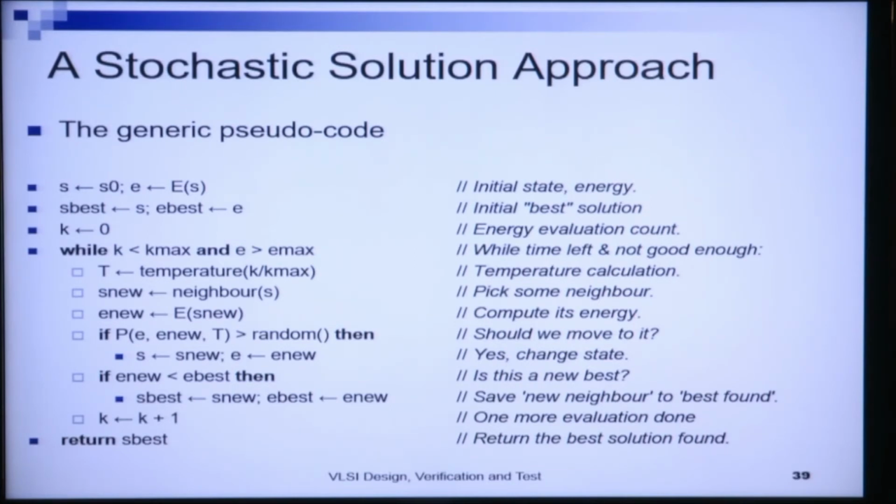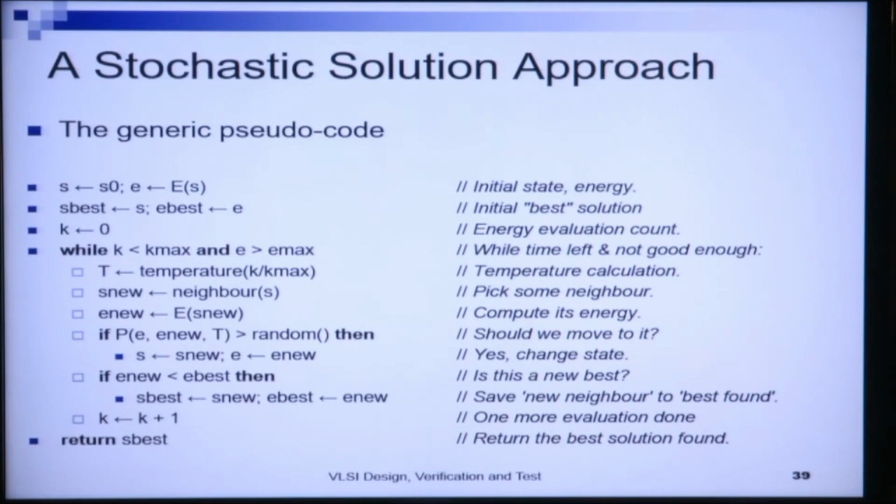Right? Now we accept this new solution if P of E comma E new comma T is greater than some random value. P of E comma E new comma T is the probability of accepting this new solution, where E is the current solution and E new is the new solution that I have got. If this probability is greater than a certain random value, I accept this new solution.